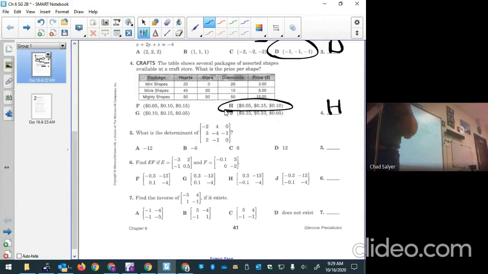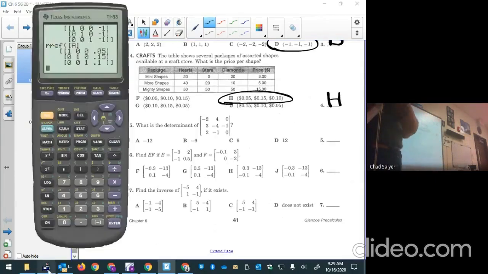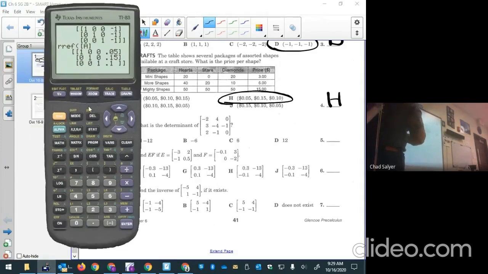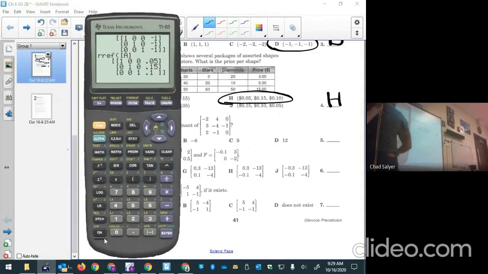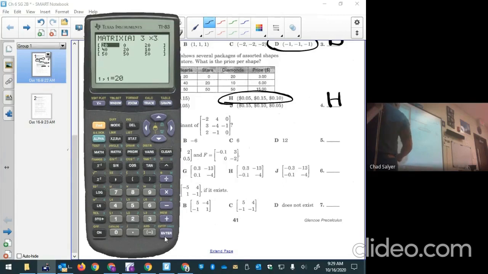Okay, so finding the determinant of a 3x3 matrix is something we'll do by calculator. You can do it by hand. It's possible, but it's a lot of work, and the calculator handles it so seamlessly. It's not a good choice for a test. All right, so -2, 4, 0, 3, -4, -1, and then 2, -1, and 0.